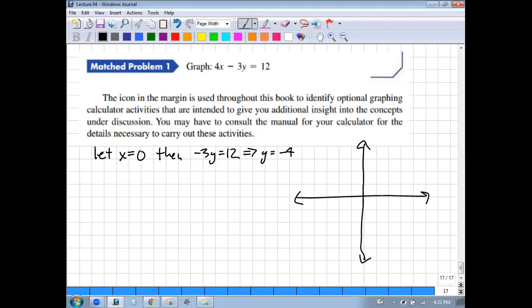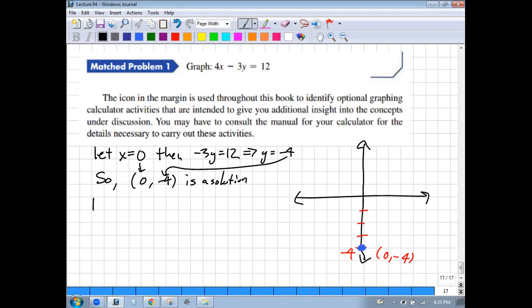So (0, -4) is a solution. So let's graph this. My x value is 0, so I don't go right or left. My y value is -4, so I go down 1, 2, 3, 4. That point right there, (0, -4). That's one of the solutions. I'll do it in blue.